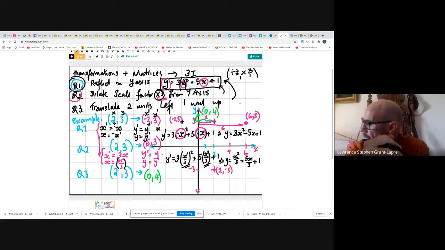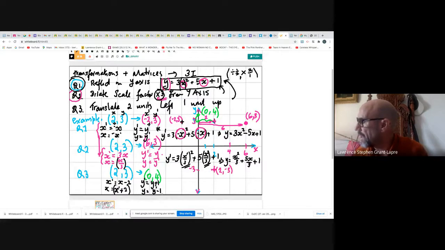Okay. Question 3. I don't think we need to talk too much about this because you know that the x is going to come back 2 and the y is going to go up 1. Therefore, the x will be the x image plus 2 and the y will be the y image minus 1.